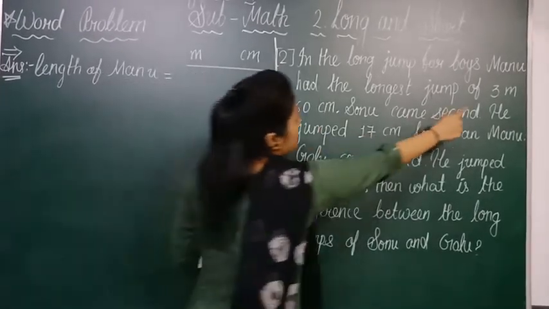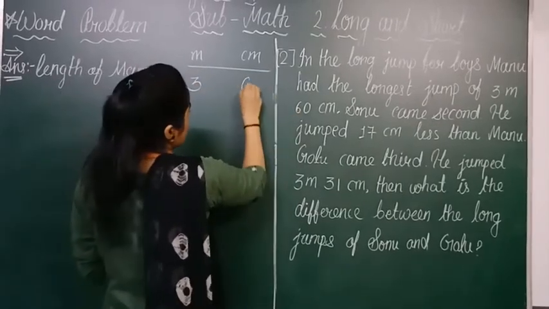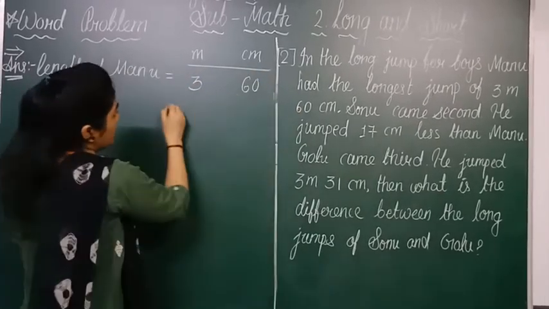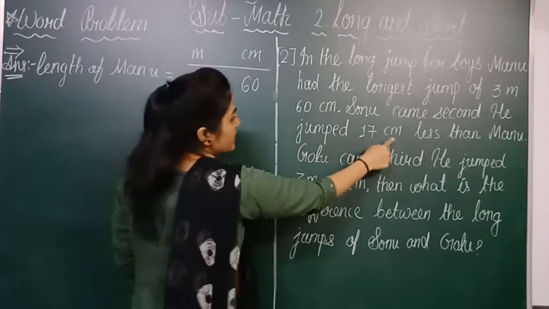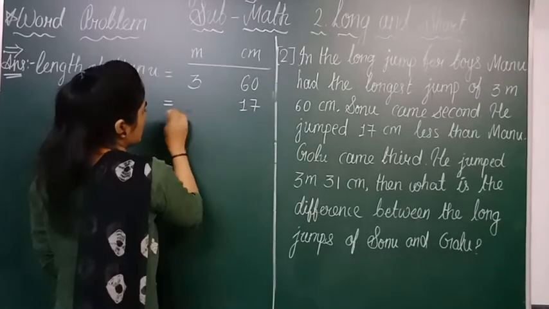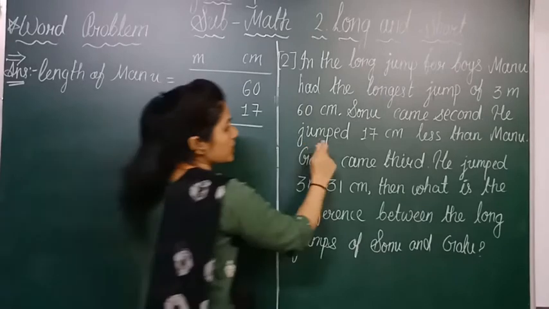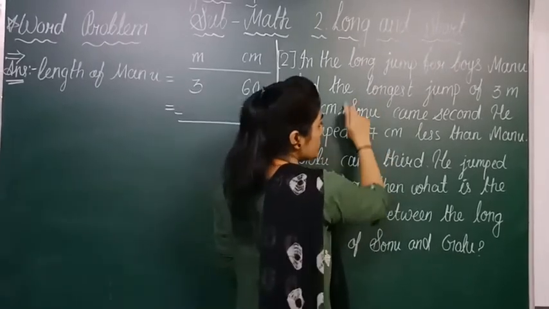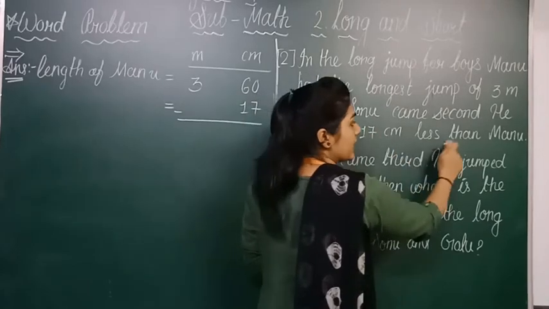First 3 meter we write here and 60 centimeter here. Now we need to subtract this 17 centimeter from the first number, and this is Sonu's length.